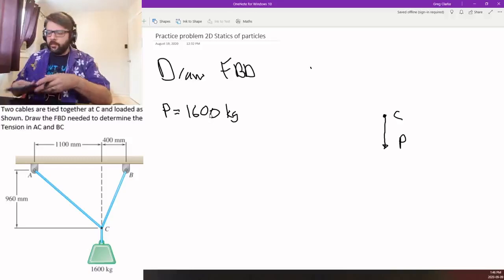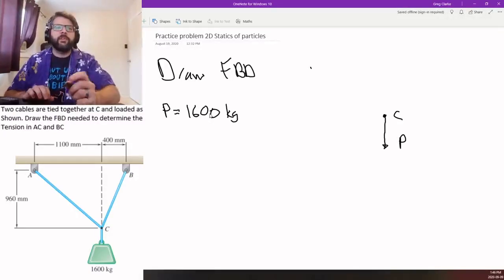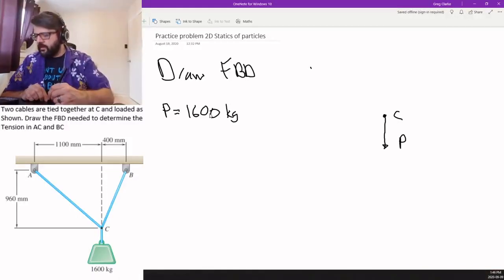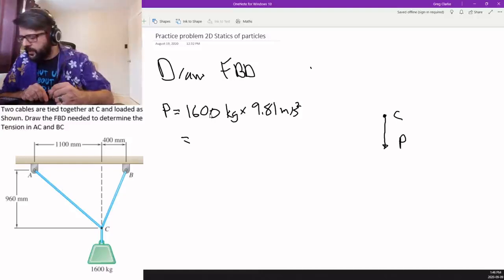So multiply that by g, 9.81 meters per second squared, times kilograms, gives us our force in newtons. That's the gravitational weight of that object.